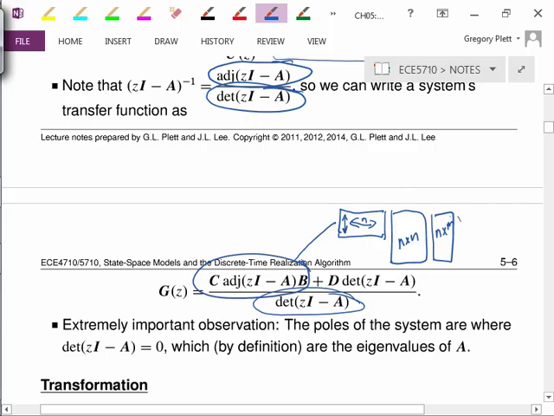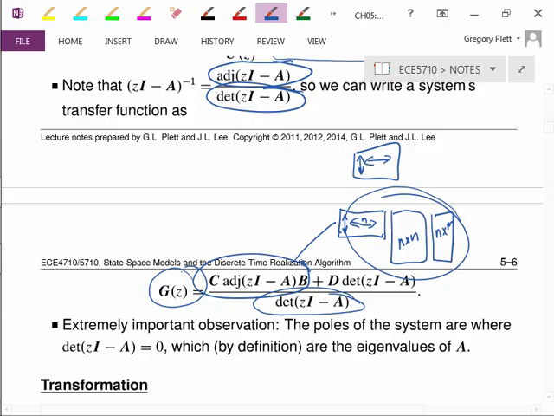But when I combine all of this together, multiply it all out, I get a matrix which has a number of rows equal to the number of outputs and a number of columns equal to the number of inputs, which is exactly what we would expect for a multi-input, multi-output transfer function. And you can do the same operation on D and see that as well.